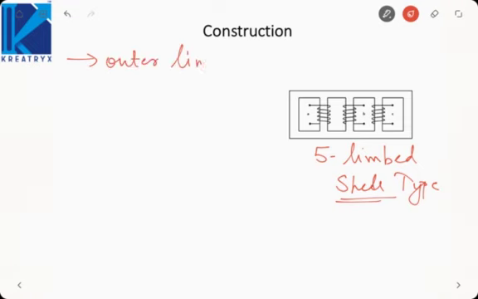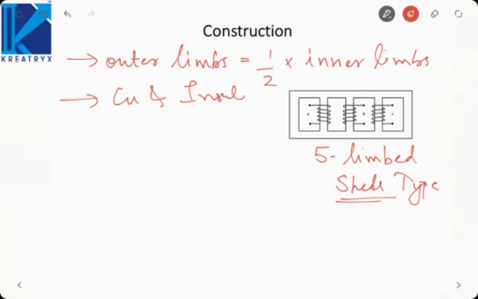As we saw in shell type, outer limbs have half the area of the inner limbs. Here copper and insulation are more.